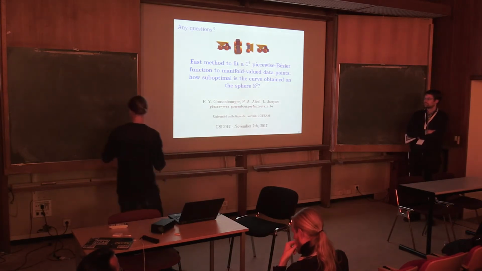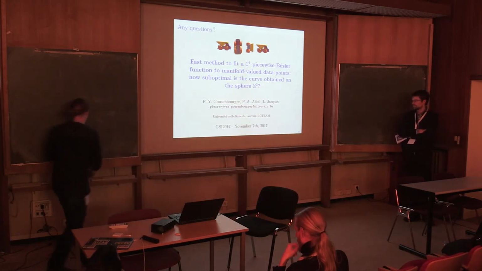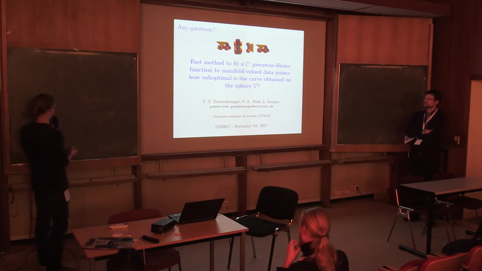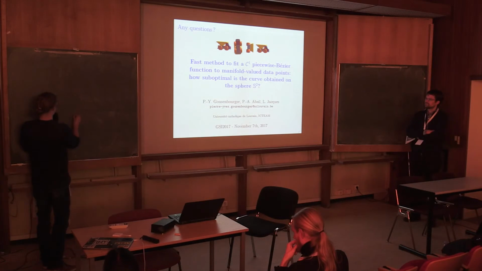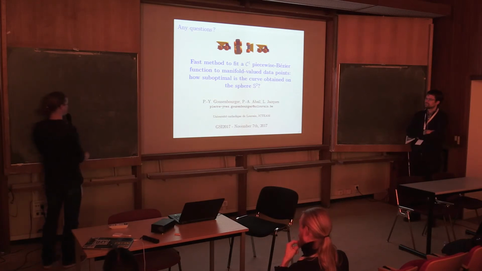For instance, for Bezier surfaces, you have a point here, a point here, a point here, a point here, and you would like to compute the plane between these points.